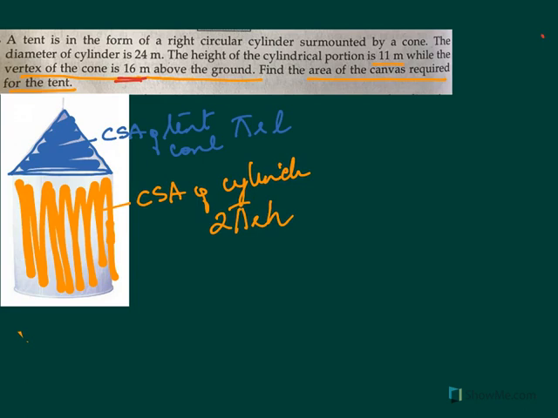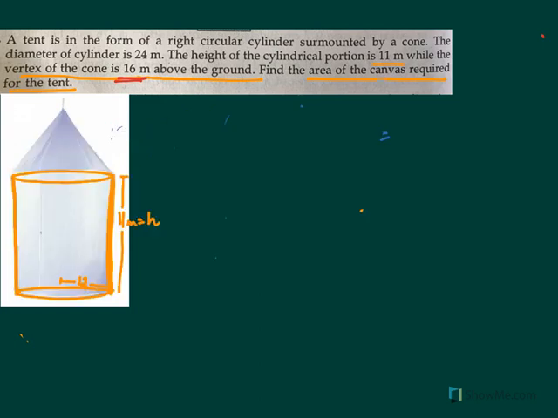So this is how we go about the sum. We find the CSA of the cone, pi RL. So we need to know the R and the L here, and for the cylinder, we need to know the R and the H. So let's start by finding the CSA of the cylinder, this surface.